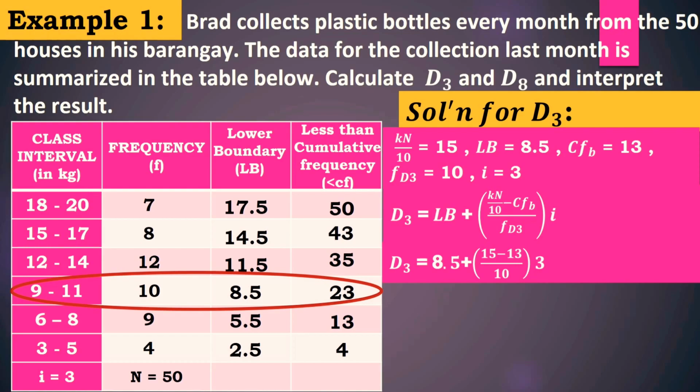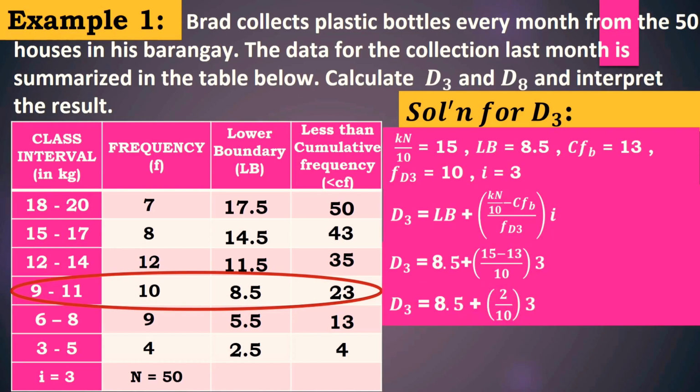Cumulative frequency before d sub k is 13. Frequency of d sub 3 is 10, and the size of the class interval is 3. So let's simplify this first. 15 minus 13 is 2. 2 divided by 10 times 3 is 0.6.